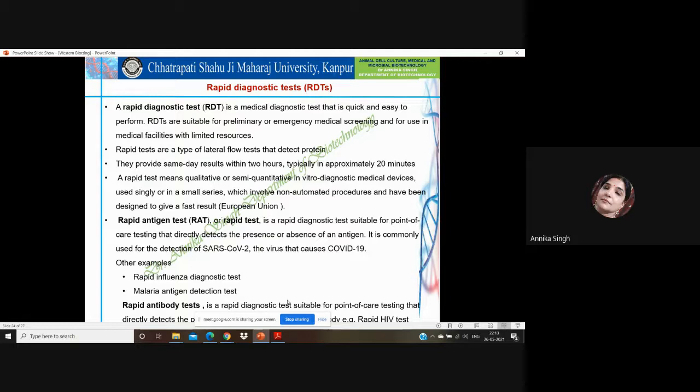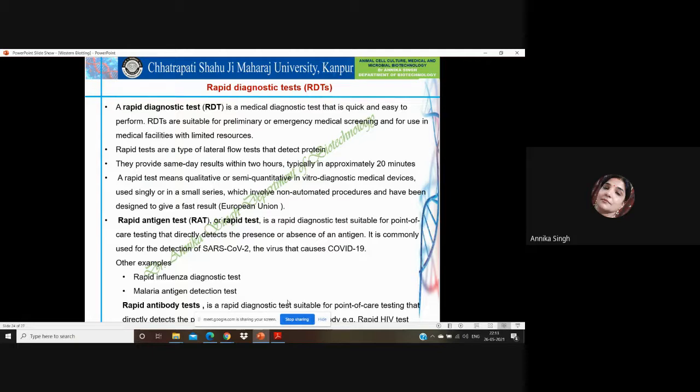Other examples of rapid antigen test kits are the rapid influenza diagnostic test, the malaria antigen detection test, and the diagnostic test for strep throat.